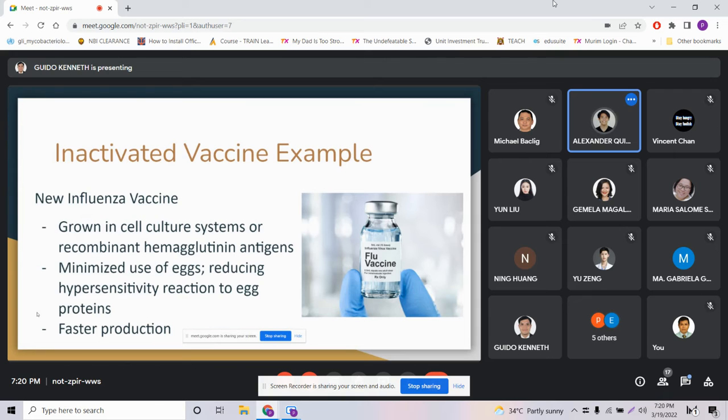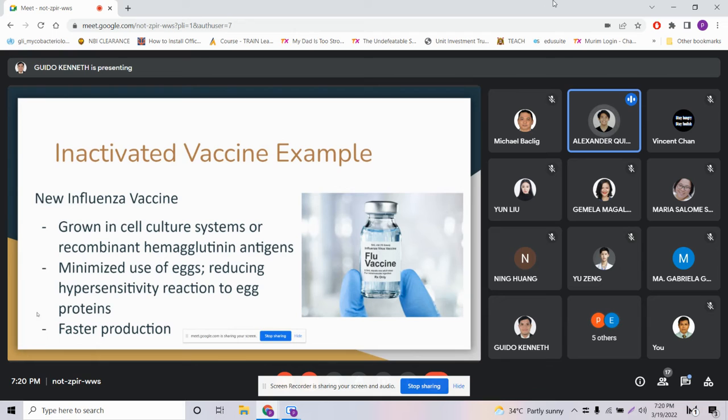And next slide, please. We also have a new influenza vaccine, which is grown in cell culture systems or recombinant hemagglutinin antigens. So this minimizes the use of eggs because some patients have allergic reactions to vaccines because of the use of certain proteins such as egg proteins.